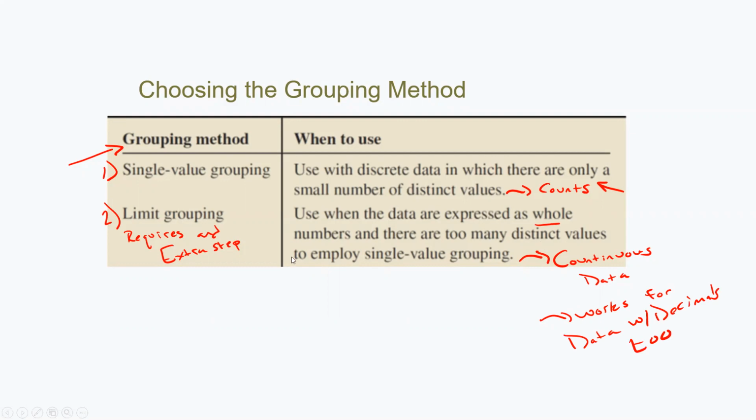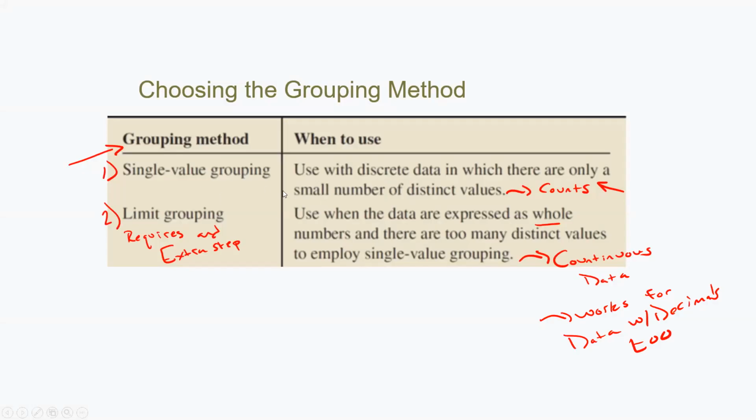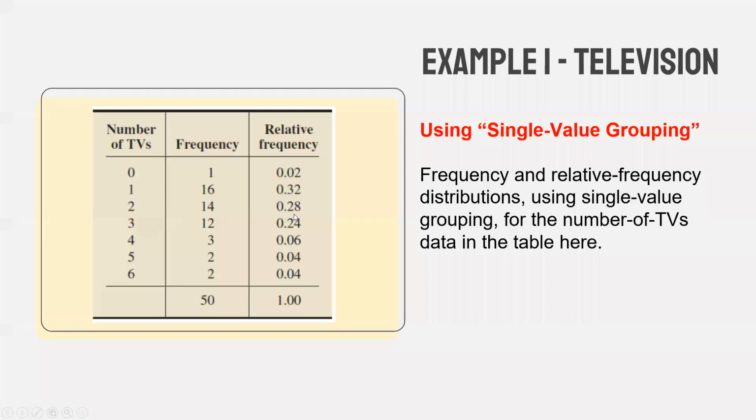Going back to this, we have these counts, so this is discrete data, as you all said. I want to show you how to use single value grouping to put this in a frequency table. The frequency and relative frequency are shown over here for this example with the number of TVs.